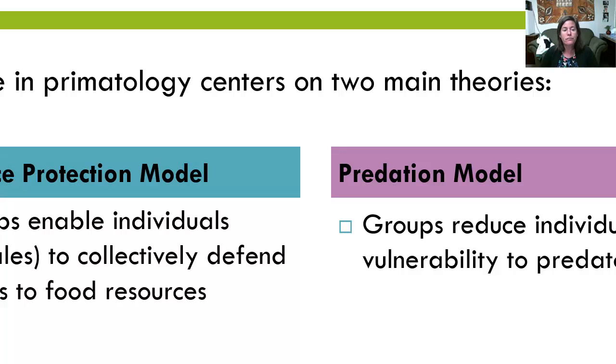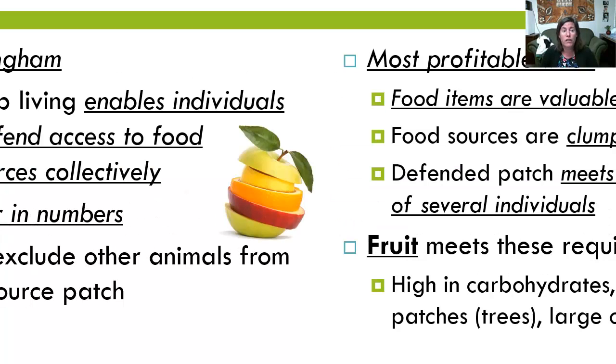The first is the resource protection model, and the second is the predation model. That is, primates live in groups to enable individuals to collectively defend access to resources, or primates live in groups to reduce an individual's vulnerability to predation. So let's talk about each of these models and data to support or reject them.